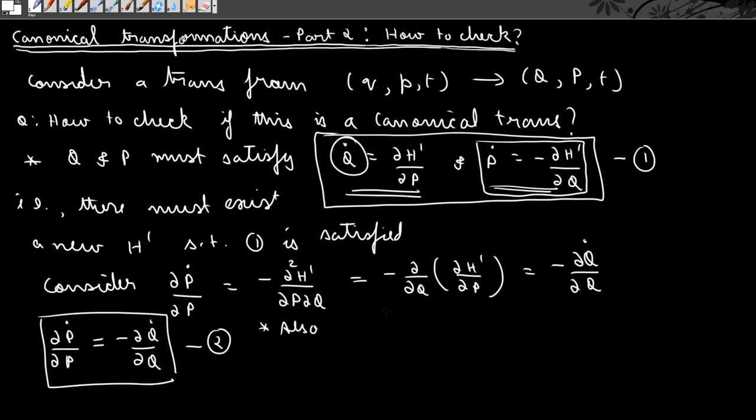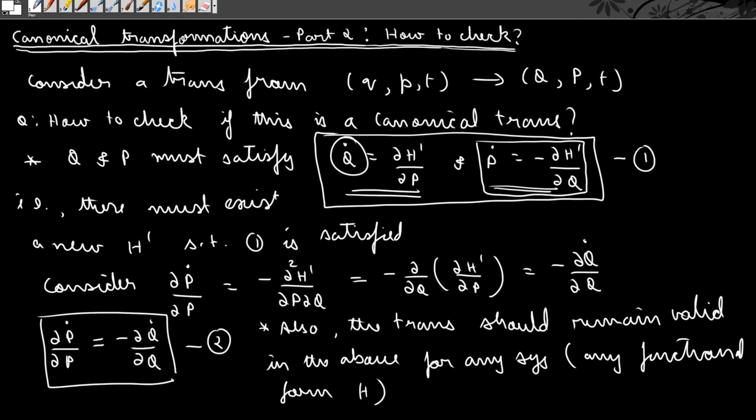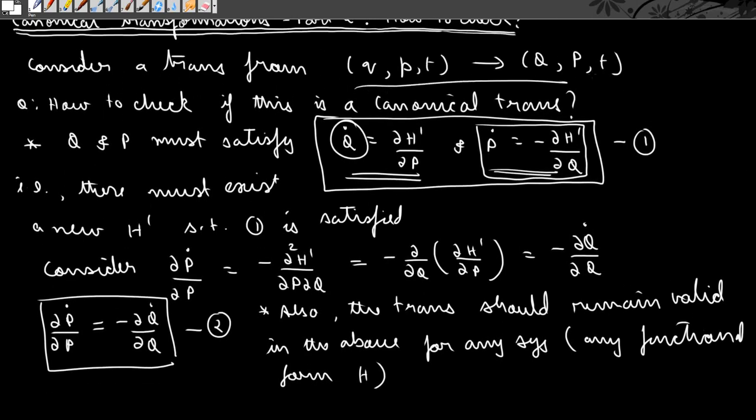Also, the transformation should remain valid in the above sense for any system, in the sense that the Hamilton's equations remain preserved for any system, which is another way of saying that it must hold for any functional form of the original Hamiltonian H. Which means that if a particular transformation satisfies this relation for a given system, it must satisfy this relation for any system.